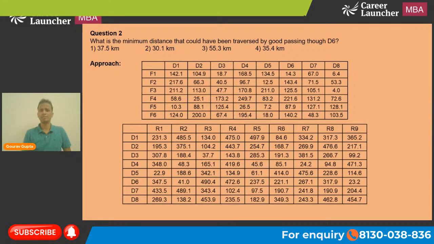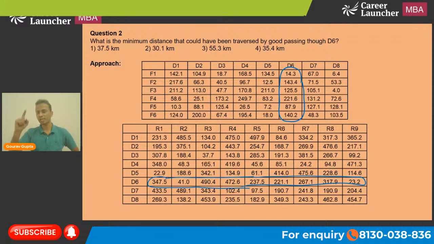It is somewhat similar. Now, if you look at the first table, irrespective of the factory, I have to use D6. So now I'll be looking at the vertical column in the first table. And since again, I have to stick to D6, irrespective of which retailer the goods will be going to, I should be looking at this horizontal row for D6.